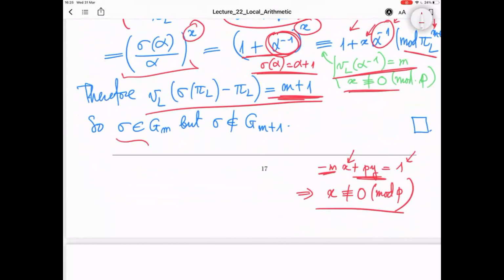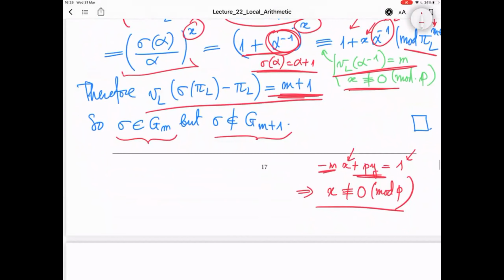And therefore, sigma is in G_m, but not in G_{m+1}. So the unique ramification break, or jump, occurs at m.